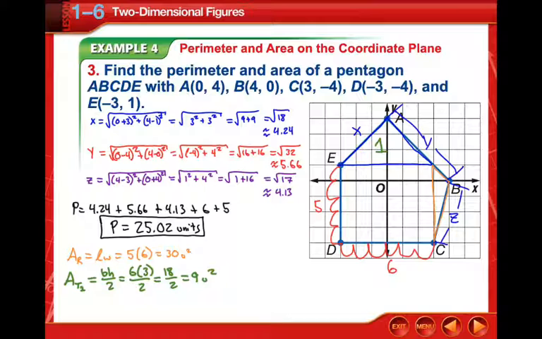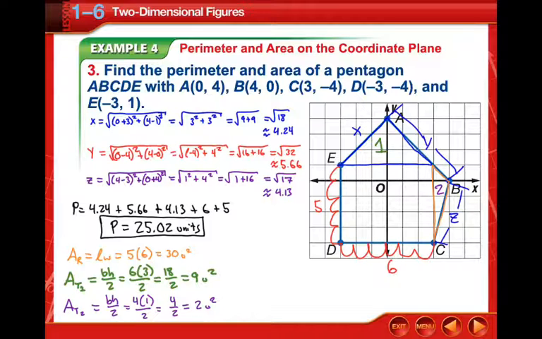And then finally, our last one, running out of different colors here, the area of triangle 2, the little guy off to the right. Again, base times height divided by 2. In this case, our base is 4, and our height is 1. 4 times 1 is 4, of course, and 4 divided by 2 is 2.